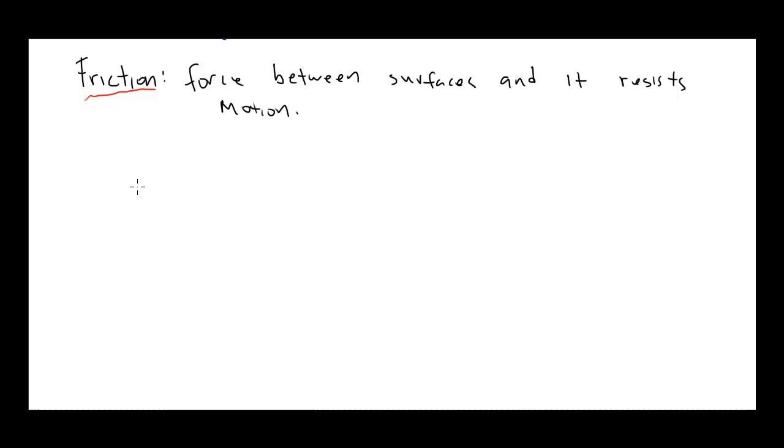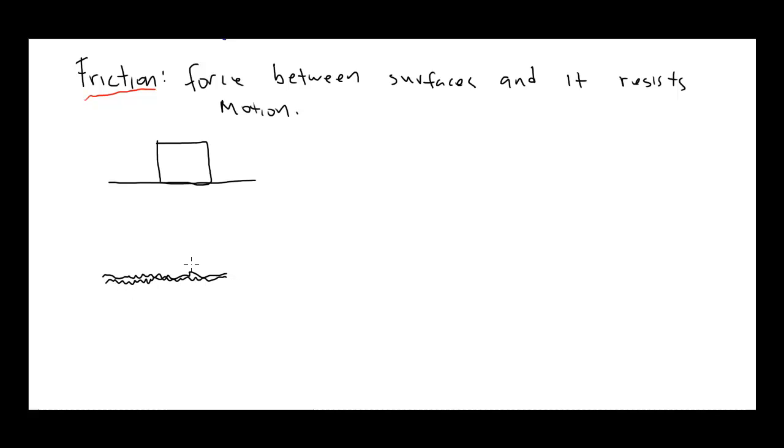So, for instance, let's say that I've got this tabletop, some sort of a table, and I've got a block on top of this table. No matter how smooth these surfaces are, if you looked at this contact point on a microscopic level, you'd see that the bottom of the block is bumpy, and the top of the table is also bumpy.